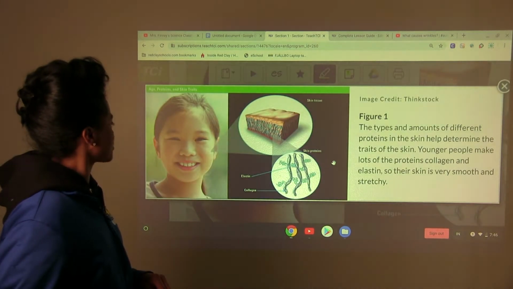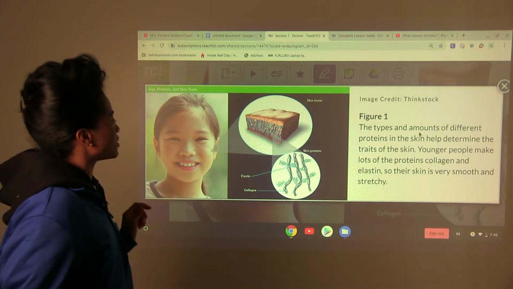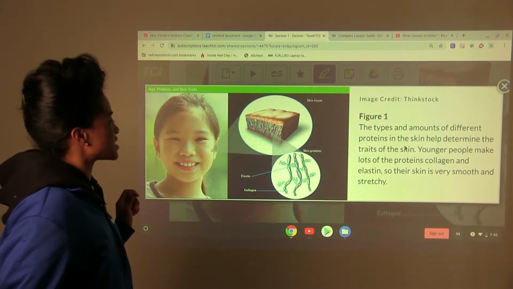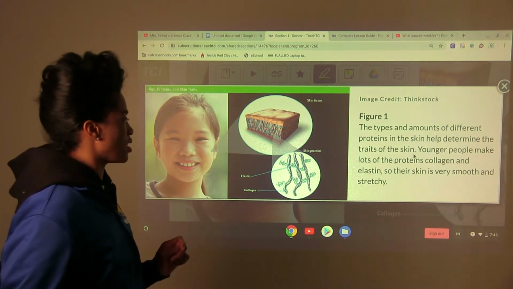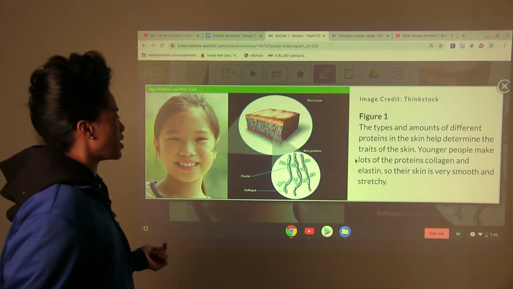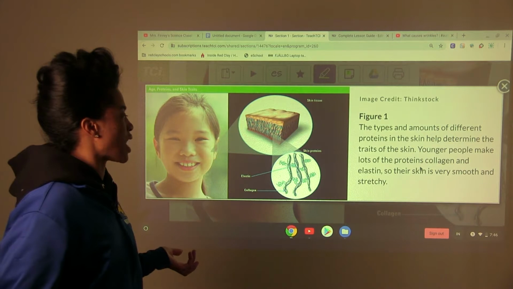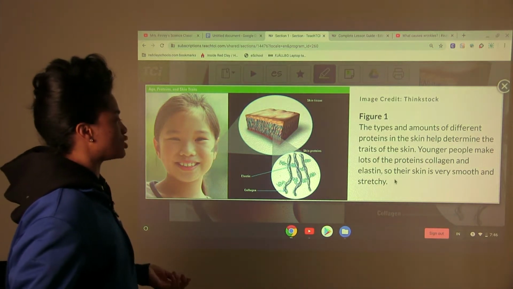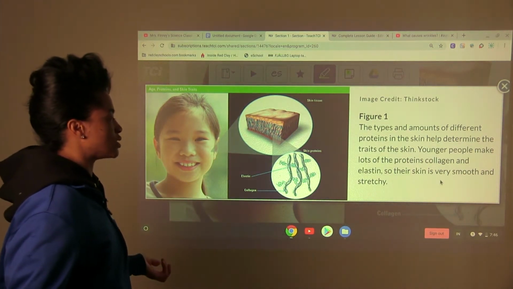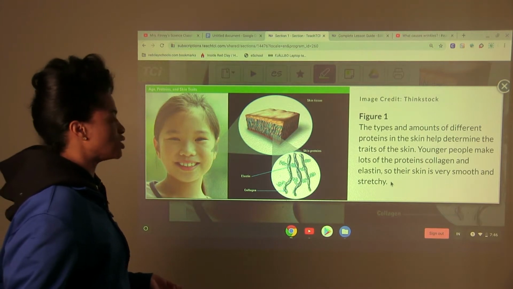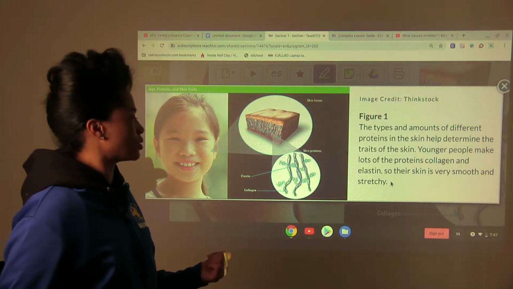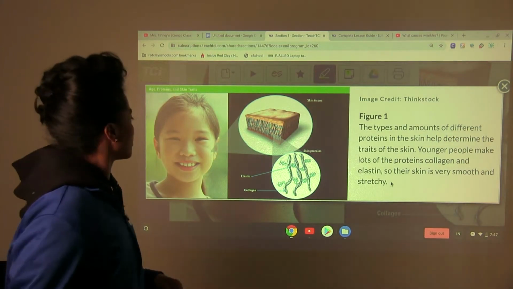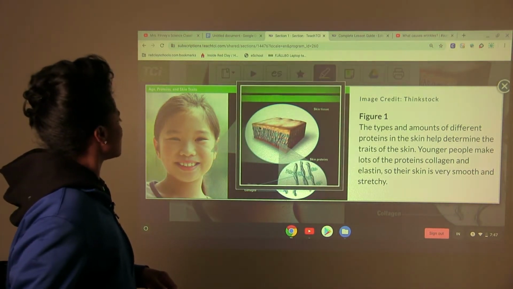Figure 1. The types and amounts of different proteins in the skin help determine the traits of the skin. Younger people make lots of proteins, collagen and elastin, so their skin is very smooth and stretchy. So the younger you are, the more of those particular proteins you will make. Okay, so take a look here at the image.